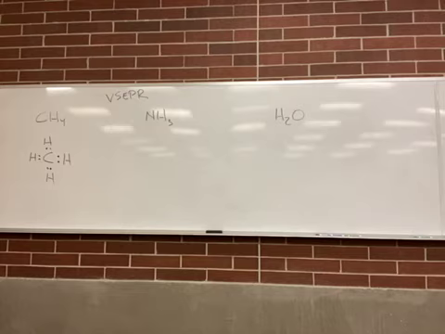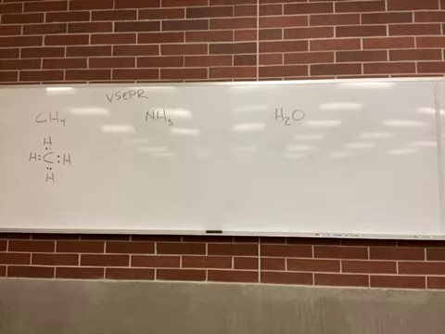So we call this trigonal planar. This is called linear. This is called trigonal planar. Trigonal, one, two, three, planar, right?